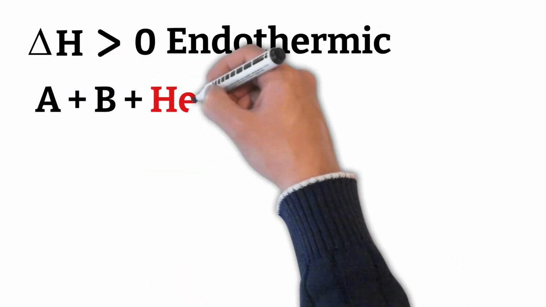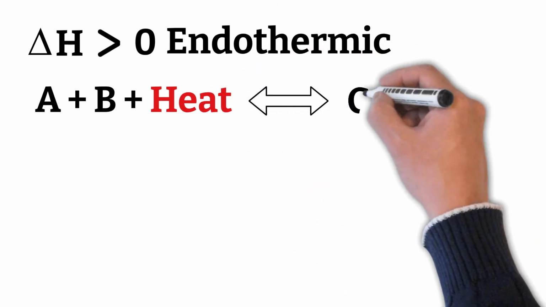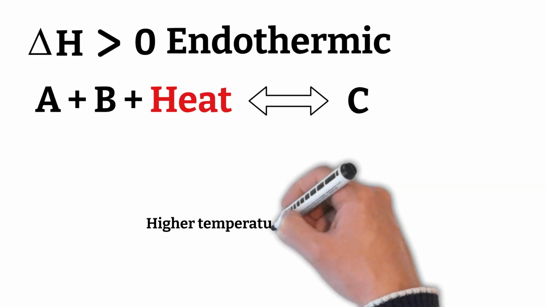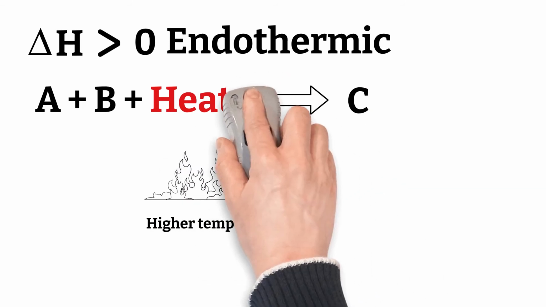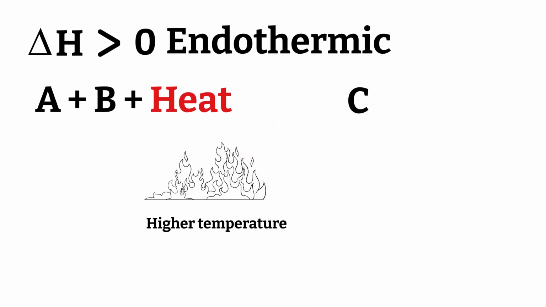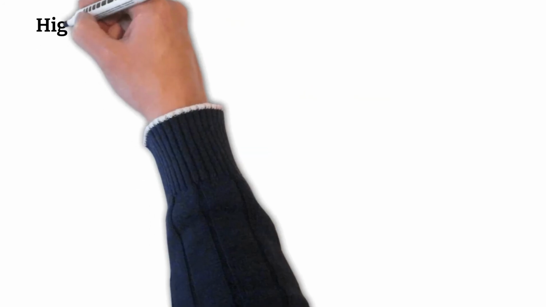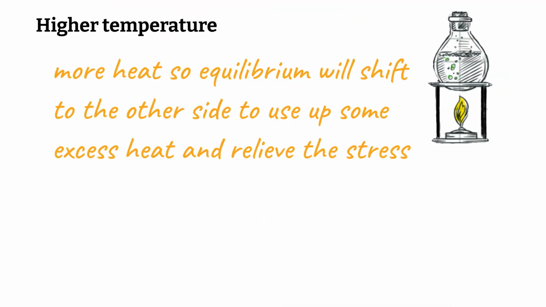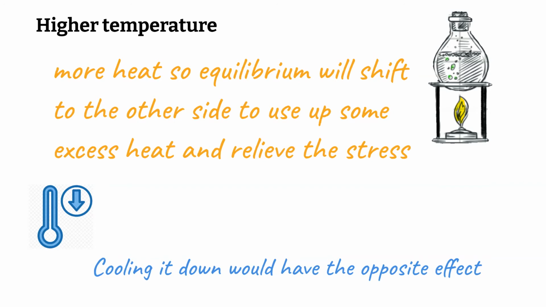So we could think of heat energy as a reactant. If we increase the temperature of the system, that means more heat, so equilibrium will shift to the right to use up some of the excess heat. Higher temperature means more heat, so equilibrium will shift to the other side to use up some excess heat and relieve the stress. Cooling it down would have the opposite effect.